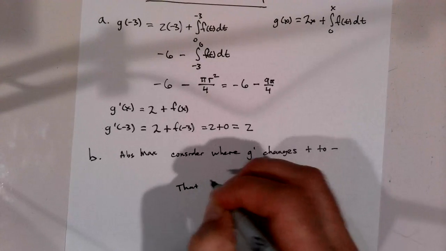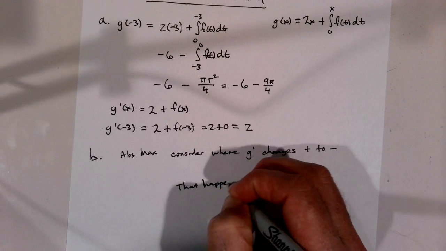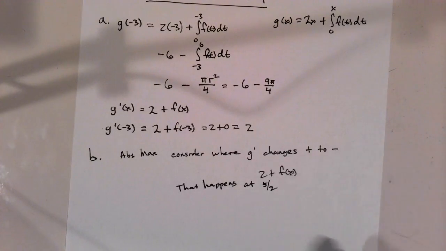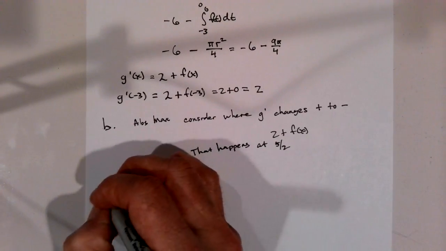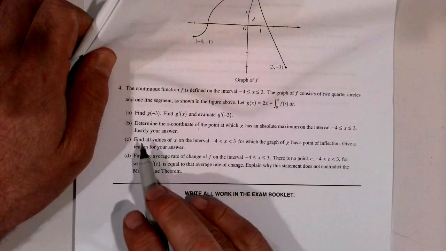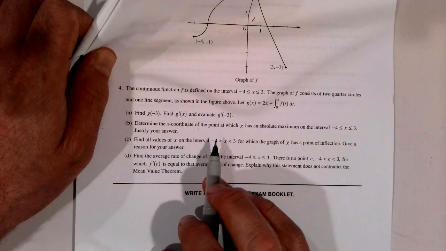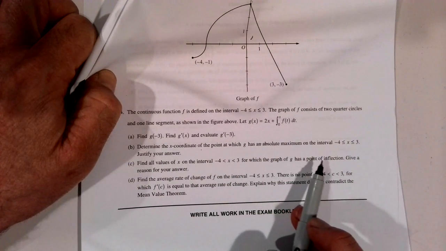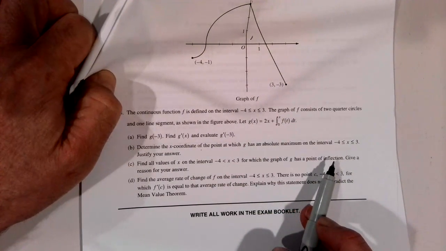So that happens at 5/2. Part C: find all values of x on the interval -4 to 3 for which the graph of g has a point of inflection.